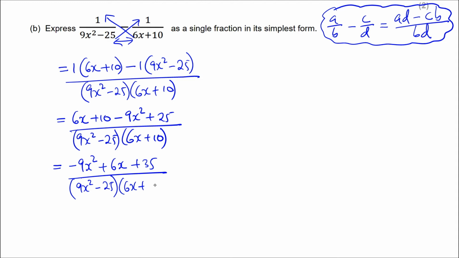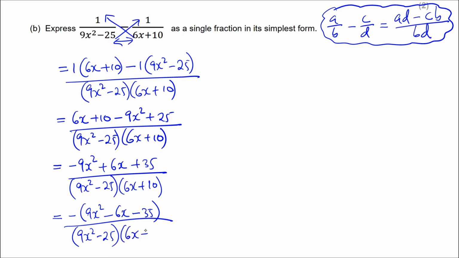Now, what I want to do at this stage is to factorize this numerator. In fact, before I factorize, let me factor out the negatives. So take out negative 1. So you'll have 9x squared minus 6x minus 35 over 9x squared minus 25 multiplied by 6x plus 10.